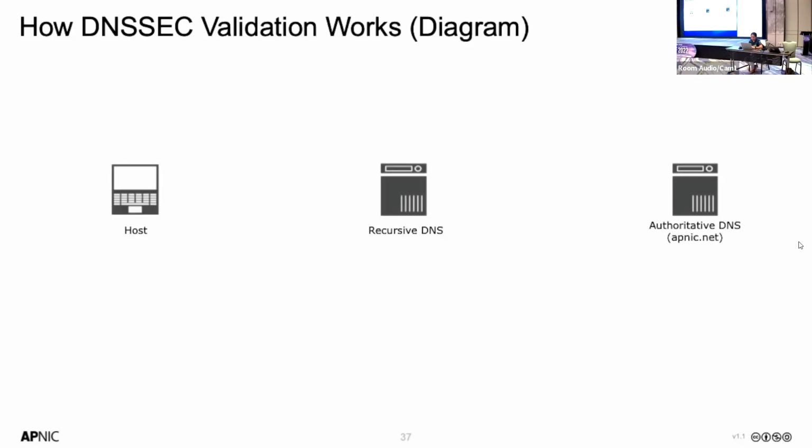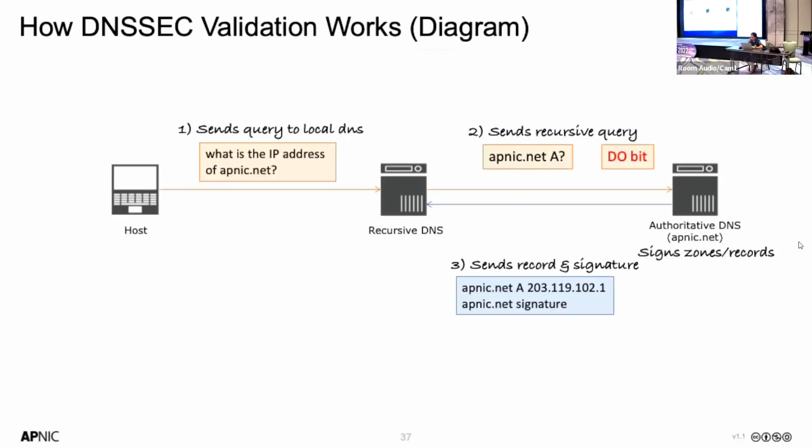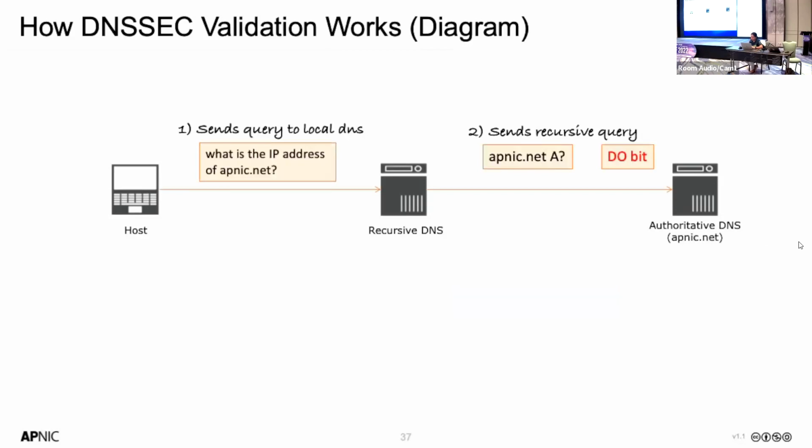Here on the left side you see a host, and that's going to query with a domain name to get the IP address of that domain name. So it asks its resolver, what is the IP address of apnic.net? That's a simple DNS query, like we have seen before.